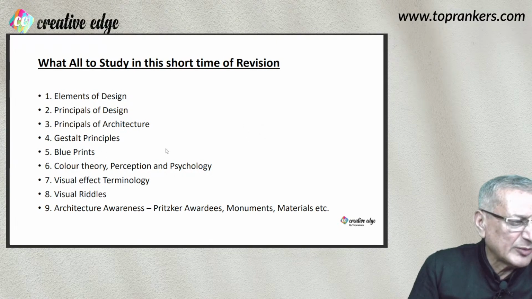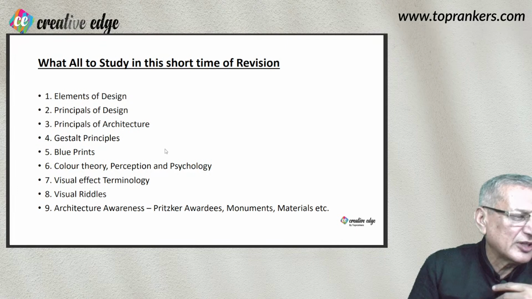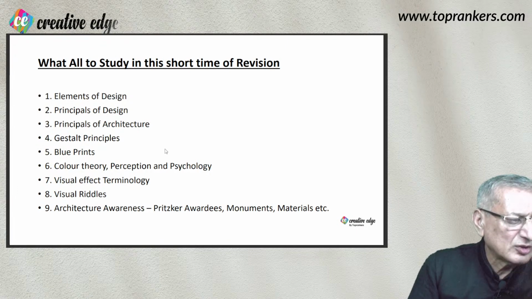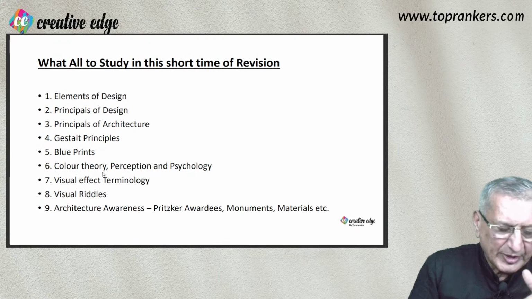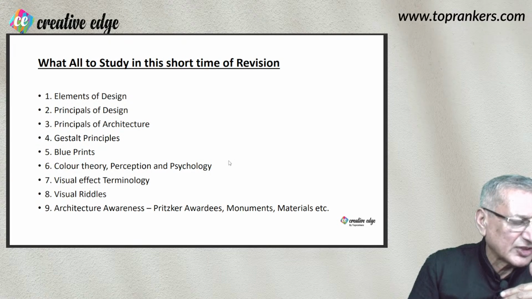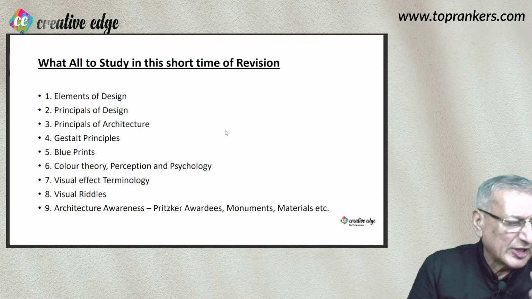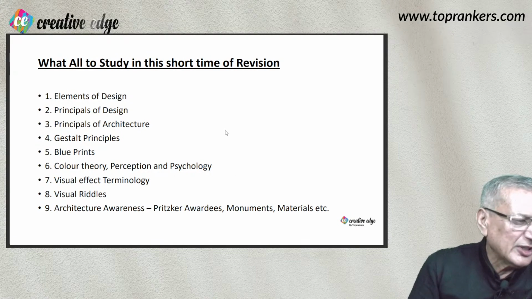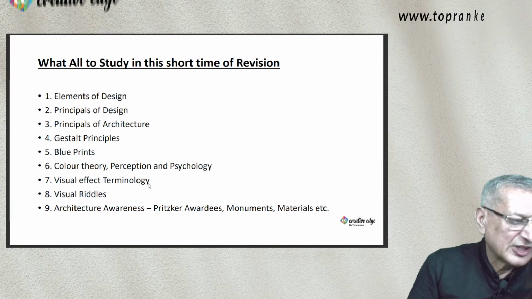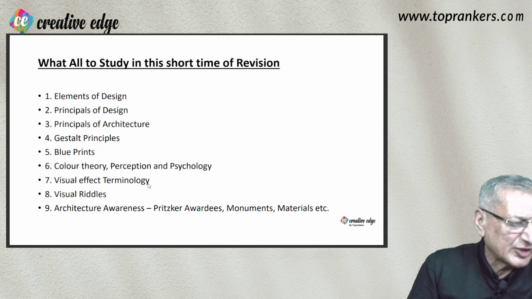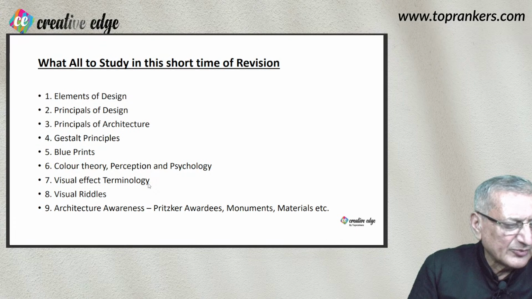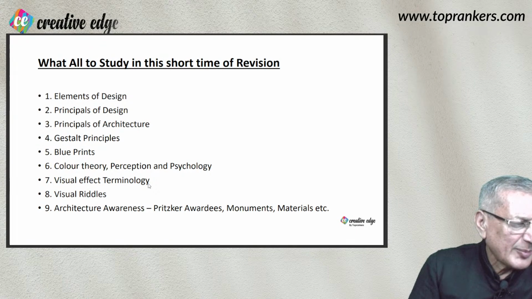You must have seen in my earlier presentation that the blueprint is an important thing, now introduced or taken care of due to the NATA examination. Color theory. Again, I did not really bring a color theory, perception and color psychology question because I covered it in my last presentation, so anyway, you can study that. Then visual effects and terminology, for which I gave you an example of chromostereopsis, metamerism and the Basalt effect kind of terminology.